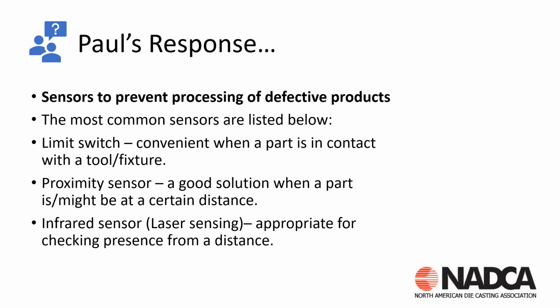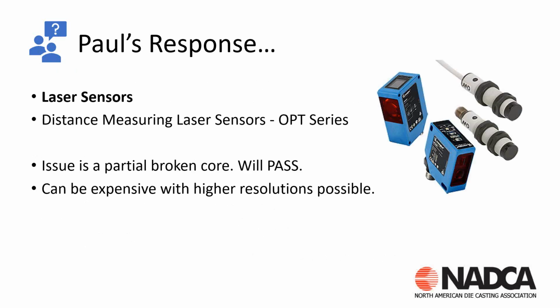So another thing that has been done, and several die casters are using, is infrared or laser sensing of the die-cast die itself to check the presence of the cores or critical cores. So when we're looking at laser sensors, there are several different types of sensors out there. If you want to email me, I can send you some sources for these lasers.